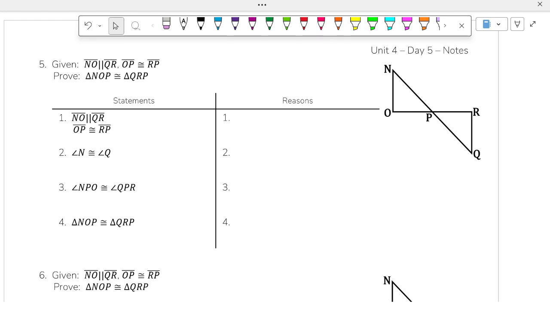And so then, QPR, it's not reflexive for number 3.